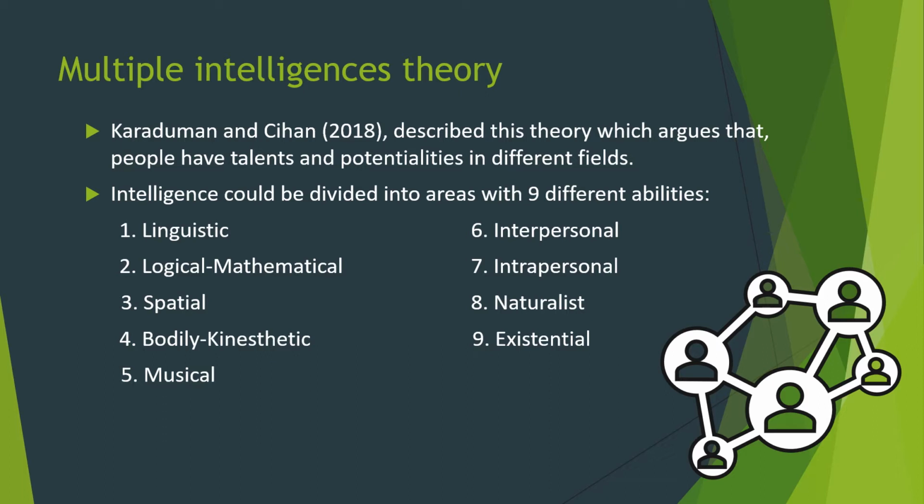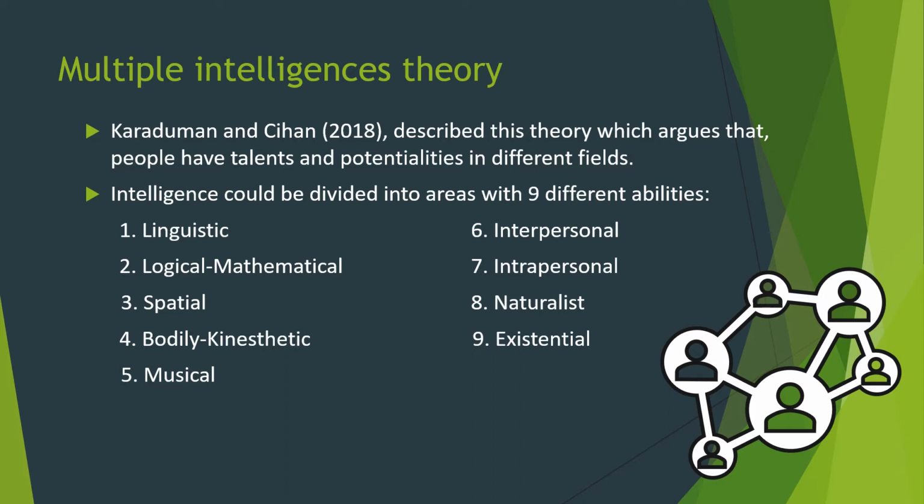So the theory says that people have intelligence in these 9 diverse areas, which can be linguistic, logical-mathematical, spatial, bodily-kinesthetic, musical, interpersonal, intrapersonal, naturalist, or existential.